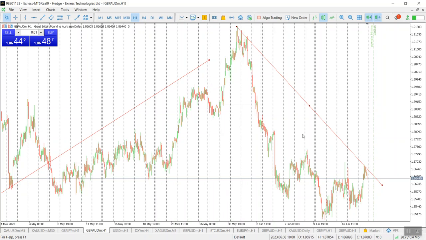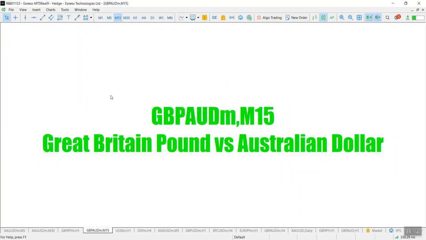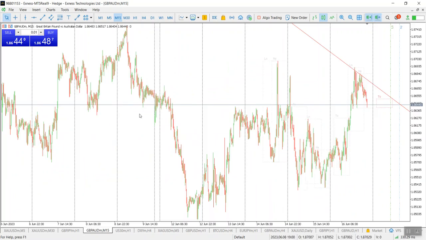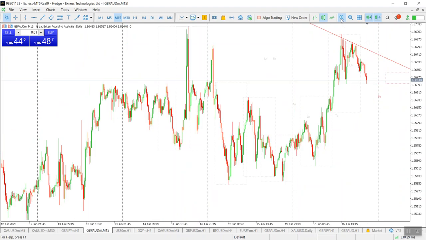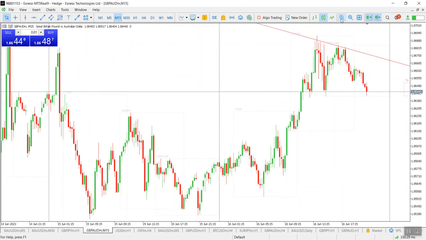So how do we take our trades then? Since on our 1 hour we are seeing a bearish market, we go down to our 15 minutes time frame, and we zoom in on the candles to know what is going on, or zoom out.